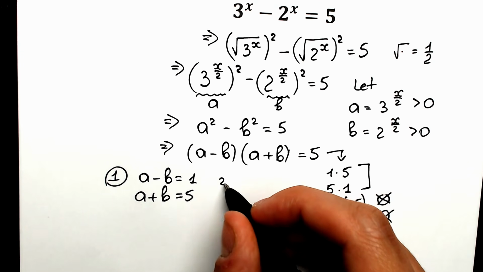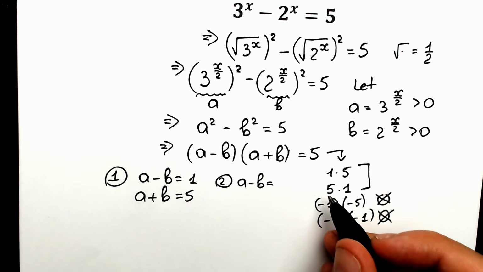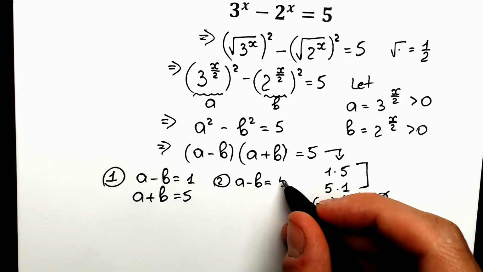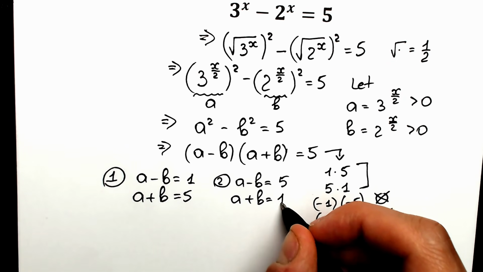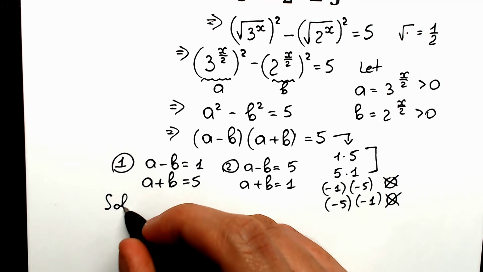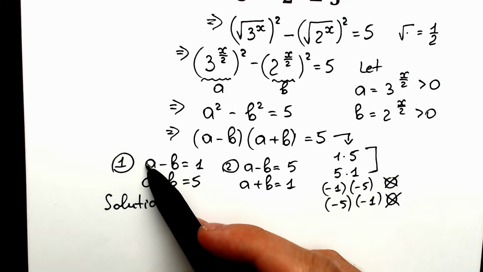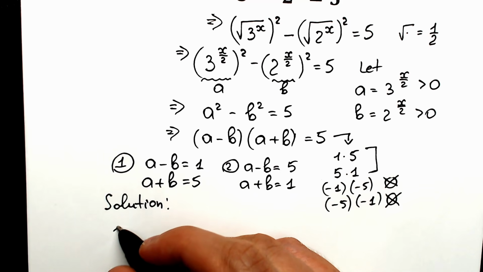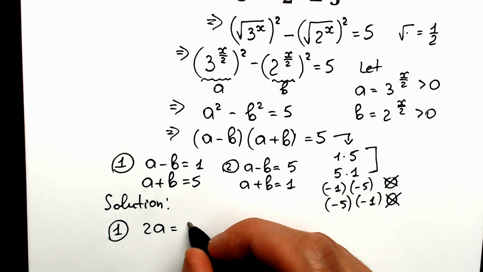And the second system: a minus b equal to 5, and a plus b equal to 1. Let's solve the first system. Right here we can easily add the equations, and b cancels. 2a equal to 6.